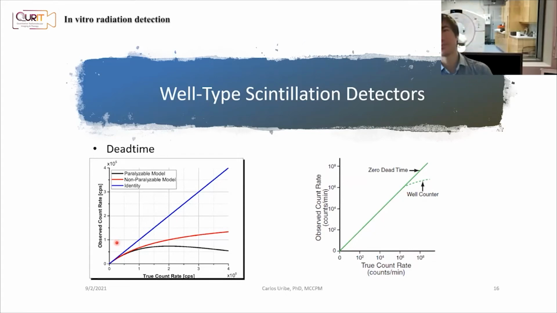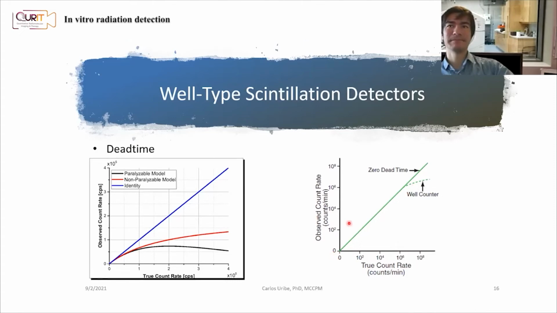The reason for this is that the electronics take some time to process these events. Also, the scintillator takes some time to decay and come down to the ground state to be ready to emit light for new events. During that time, which is why it's called dead time, the detector is not really responding, so we're losing counts at very high count rates.